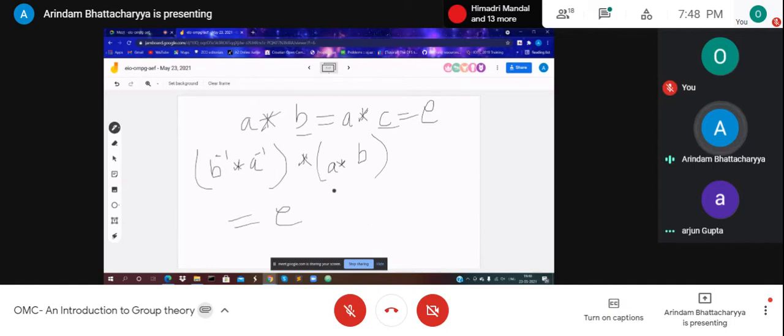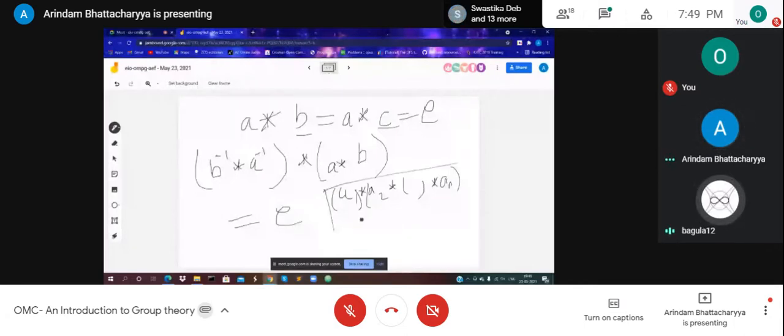Brackets won't matter in the sense that if I have any such thing A1 star A2 star ... star AN, I can choose many ways to bracket it. Associative means we can just put brackets wherever we want.